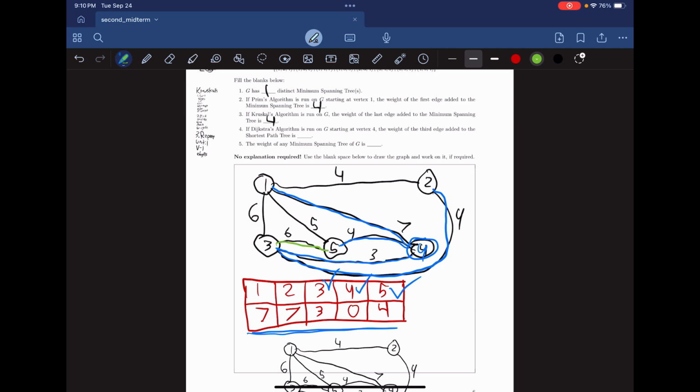This is of weight 6, and so what we are looking at here is, is the previous distance that it took to get to 3 better or worse than the distance we would get if we took a path through 5? So is 4 plus 6 more than or less than the current distance to get to 3 of 3? Is 10 less than or greater than 3? 10 is greater than 3, so this edge is unneeded. We already have a better path for 3.